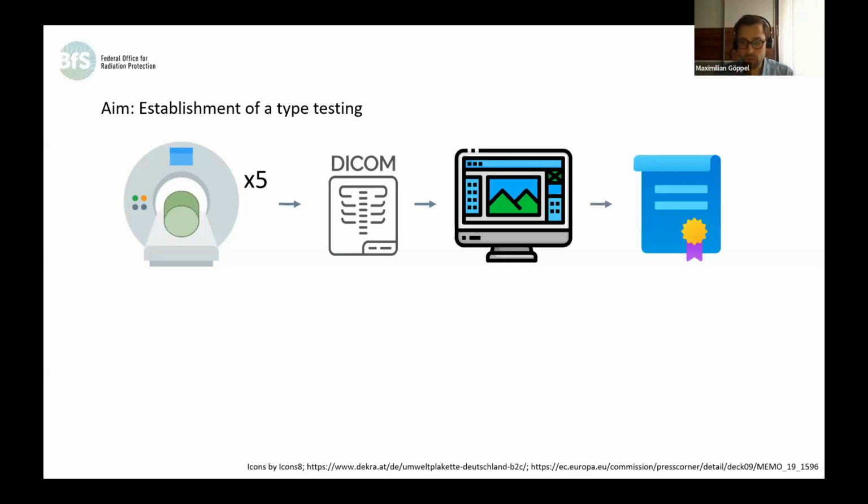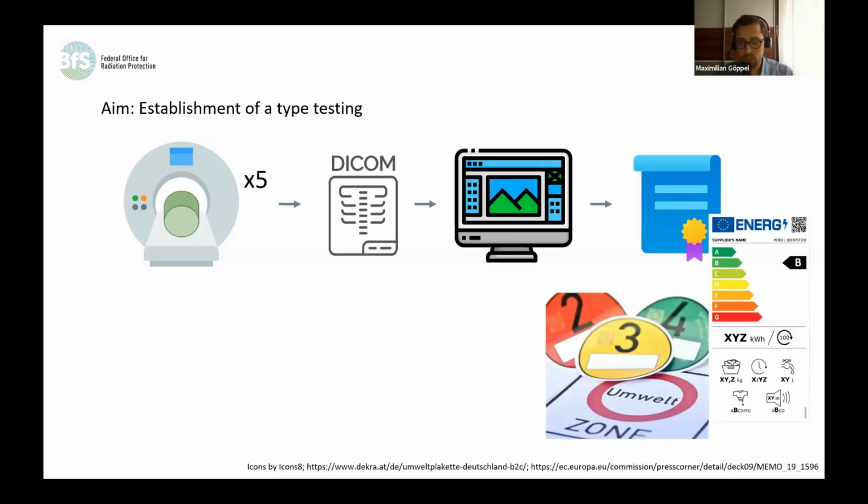A dose efficiency label is then proposed, which is similar to the European Union energy label known from televisions or washing machines, and also similar to the emission standards in the European Union, as we also want to define a threshold for this kind of test.